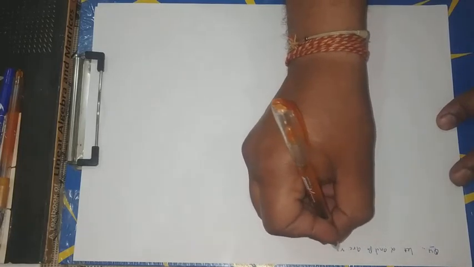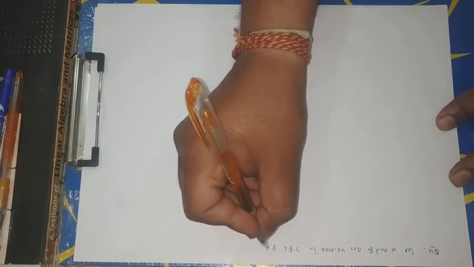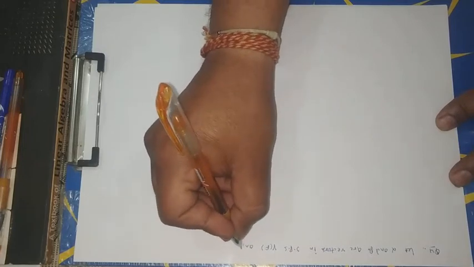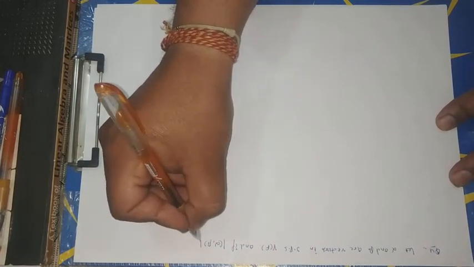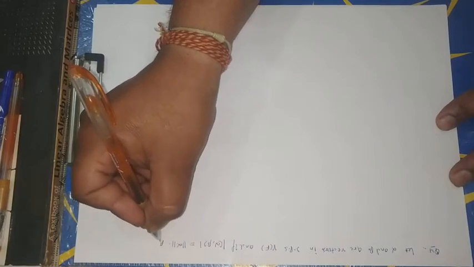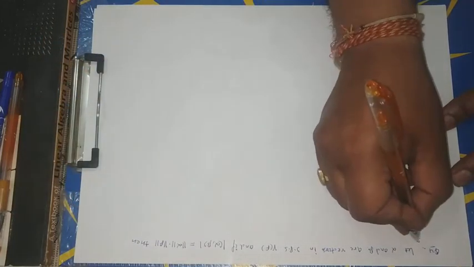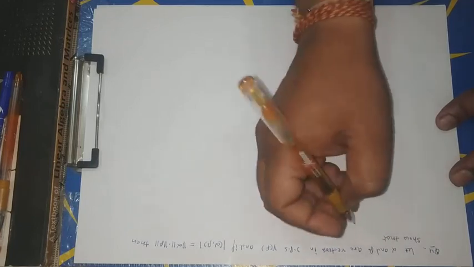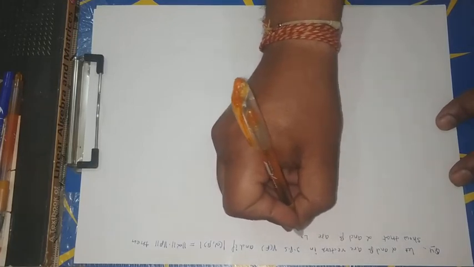Question number 4. Let alpha and beta be vectors in inner product space V(F), and if the modulus of the inner product of alpha and beta is equal to alpha norm into beta norm, then show that alpha and beta are linearly dependent.